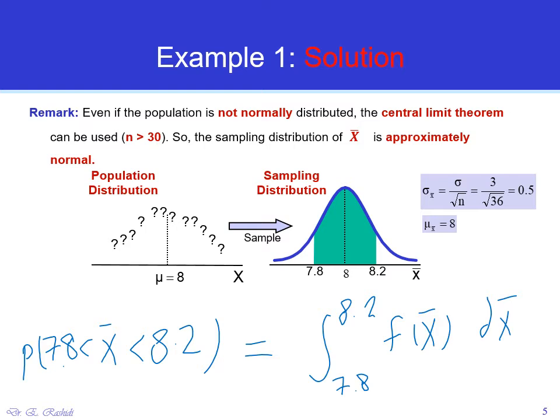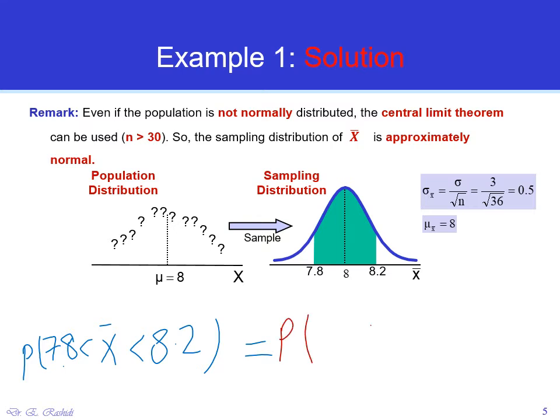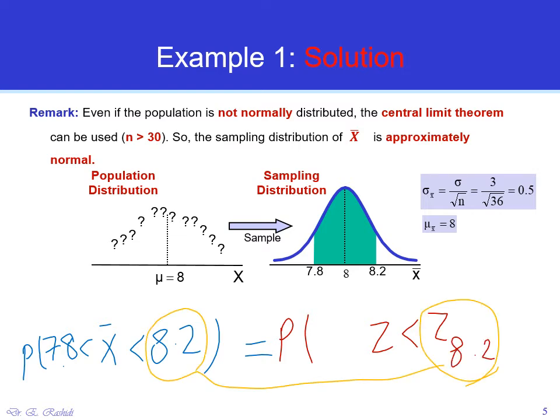So we need to convert this to the z distribution. This would be equal to the probability of z less than the z score of 8.2 and greater than the z score of 7.8.